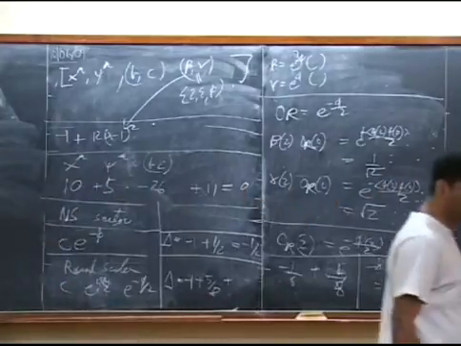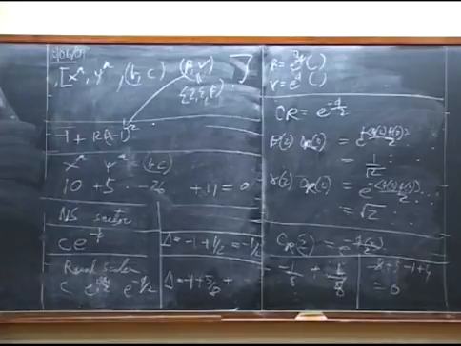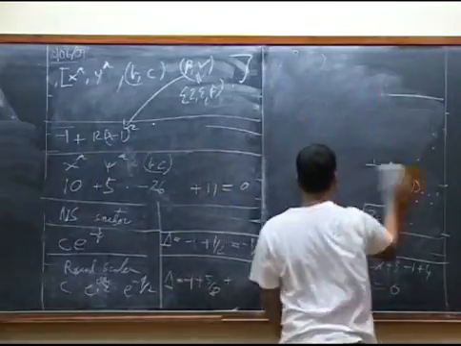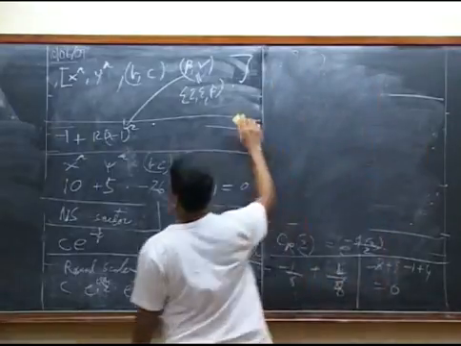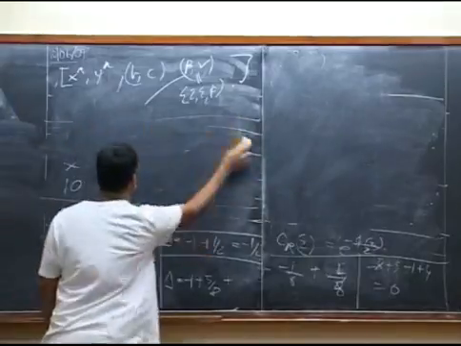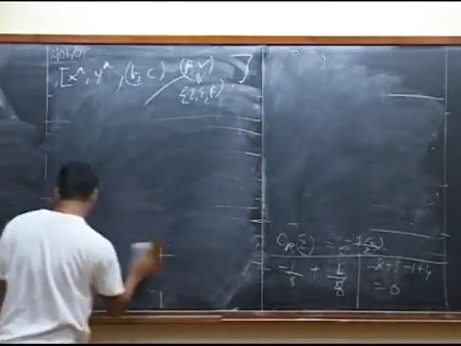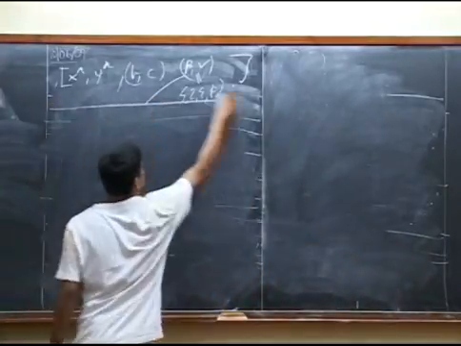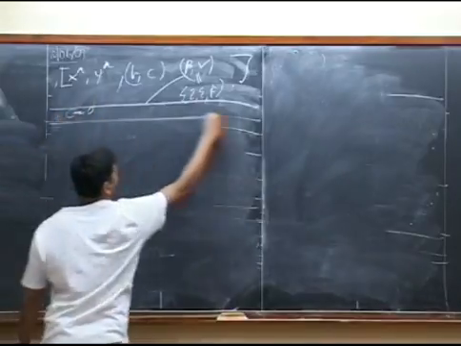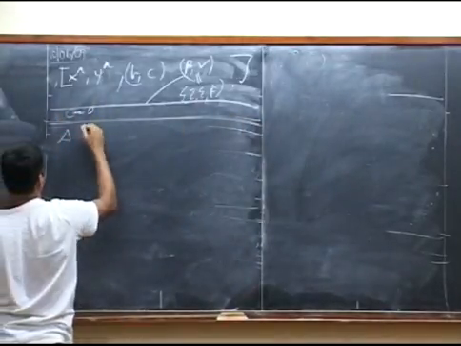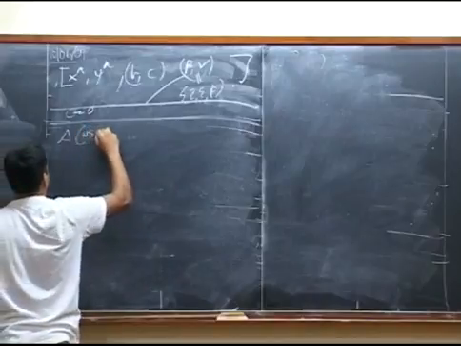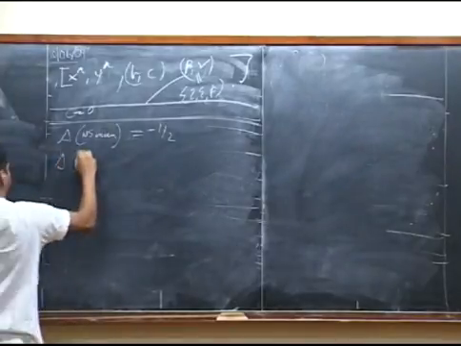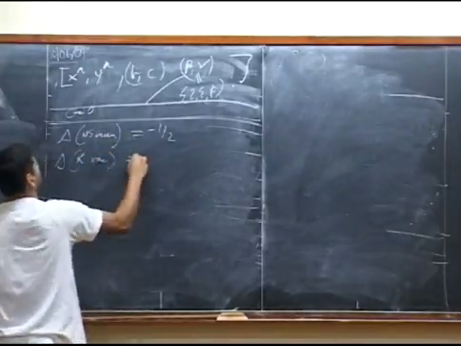So what we concluded is that in the NS sector, let's write it down in conclusions. We verified that this thing has c equals 0. Secondly, the dimension of the NS vacuum is equal to a half. The dimension of the Ramond vacuum is equal to 0.